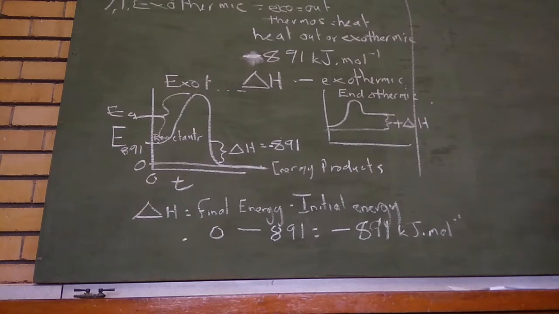So, for instance, if you had to set up the paper, you would have put minus 891. That would have been exothermic. But if they put plus, isn't it endothermic, or why isn't it endothermic? Okay, I know that burning of gas cannot be endothermic. I'm basing it on any combustion reaction has to be exothermic.